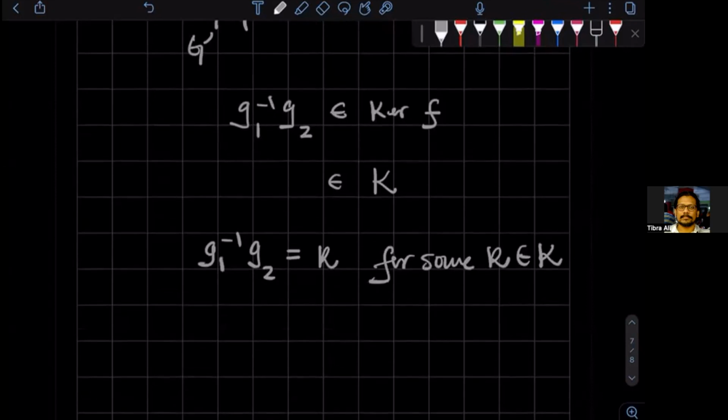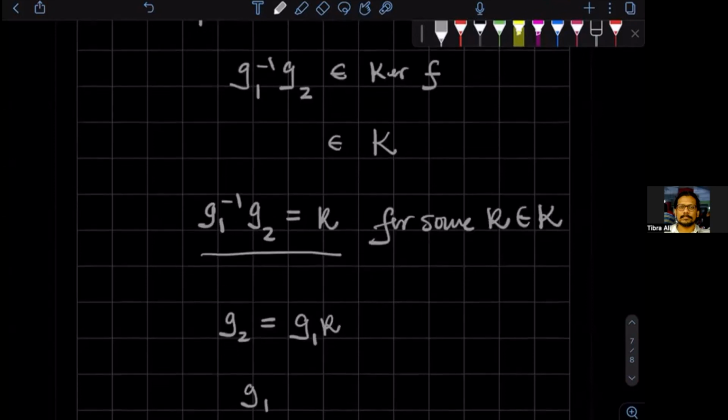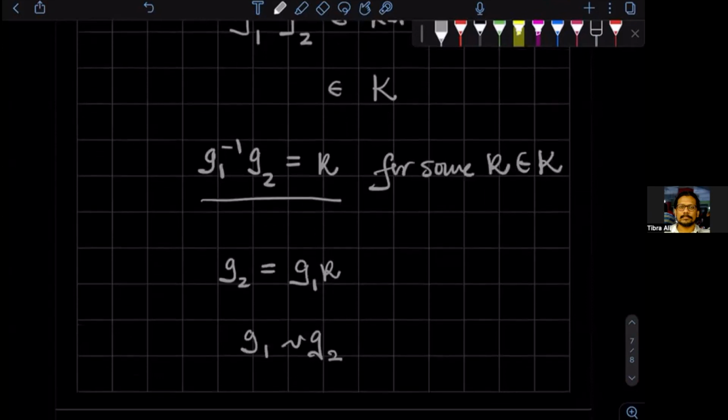And in other words, what does this mean? If I left multiply both sides by G1, we see that G2 is equal to G1 k, the small k. That means that G1 and G2 are coset equivalent.